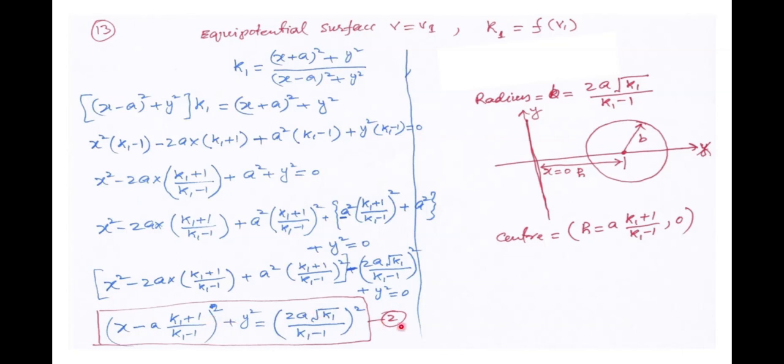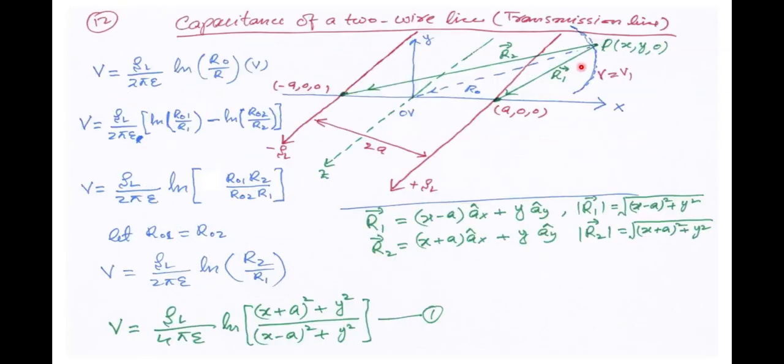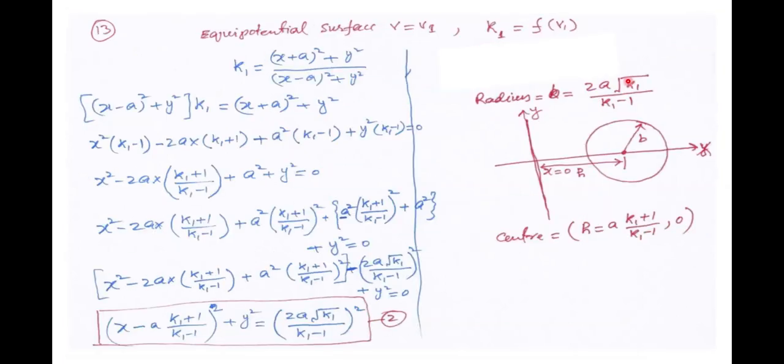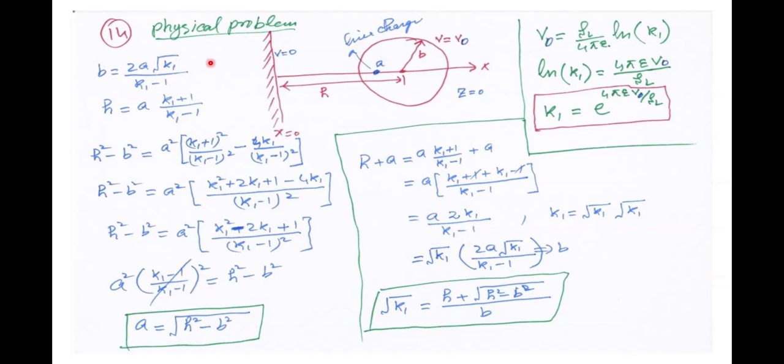Going back to the real problem which we have considered, the field point actually exists over the cylindrical equipotential surface having potential V1. Now let us consider a physical problem. In this problem, we have a cylindrical surface having potential V naught.